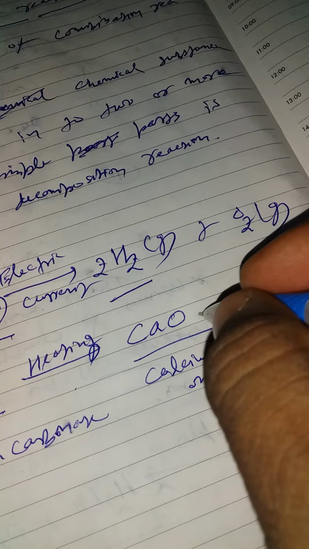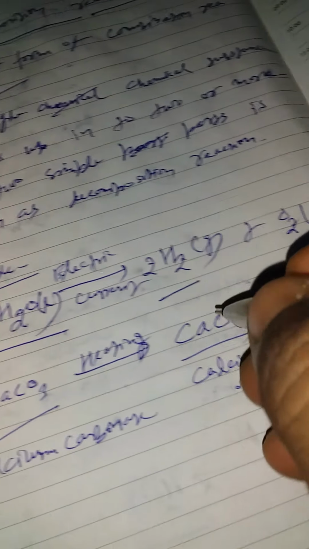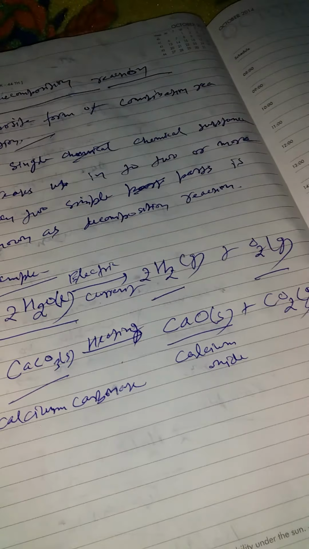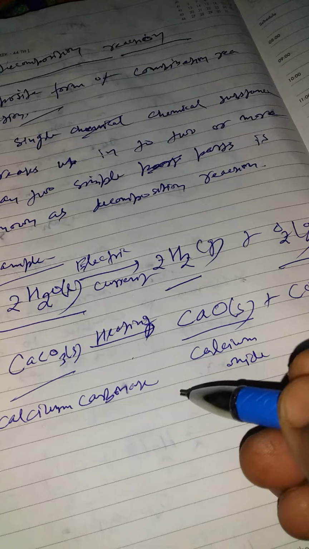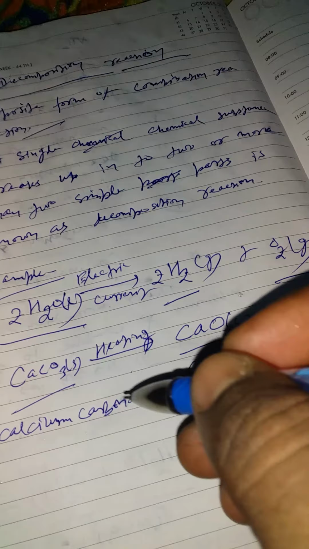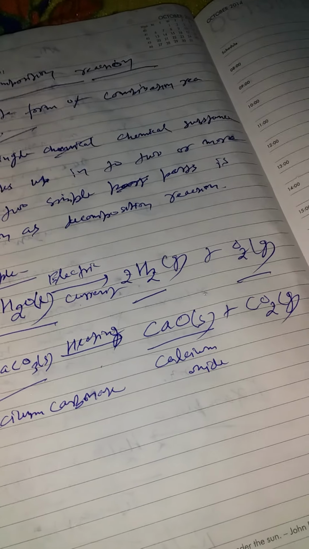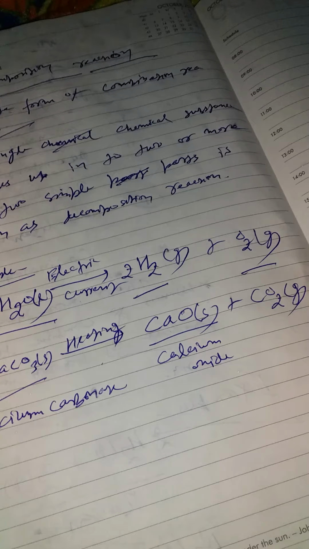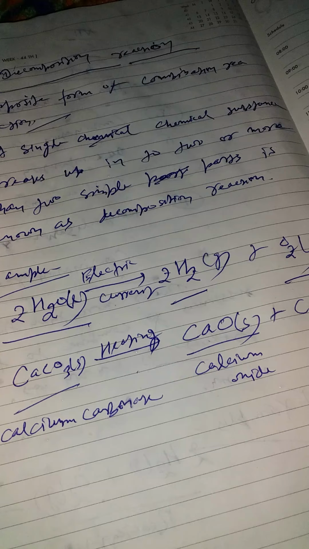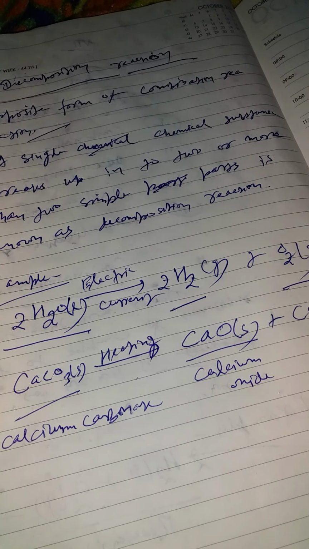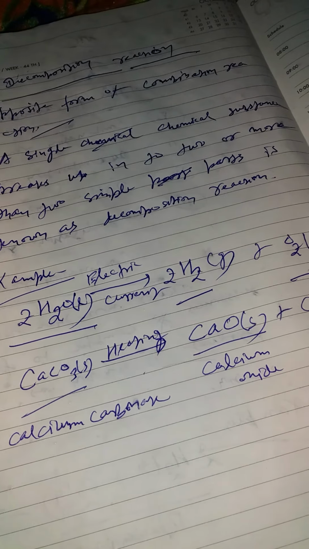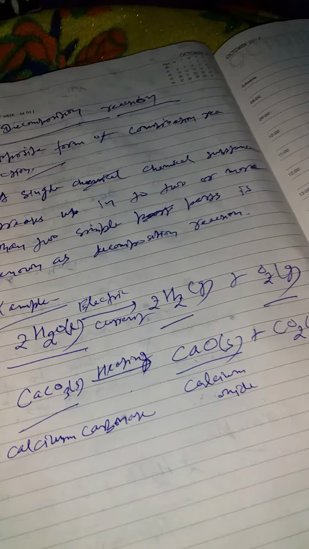CO2 is in the form of gas, CaO is in the form of solid, and calcium carbonate also exists in solid state. So it is also an example of decomposition reaction in which a single reactant converts into two products. So in decomposition reaction, we see that one chemical substance breaks up into two simpler parts.